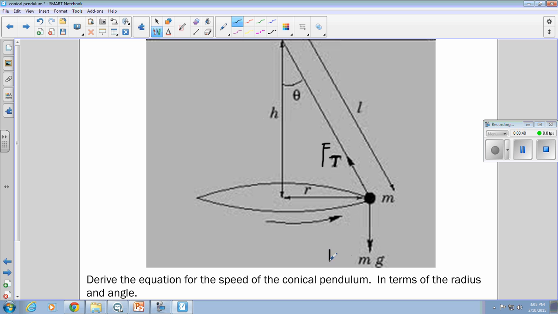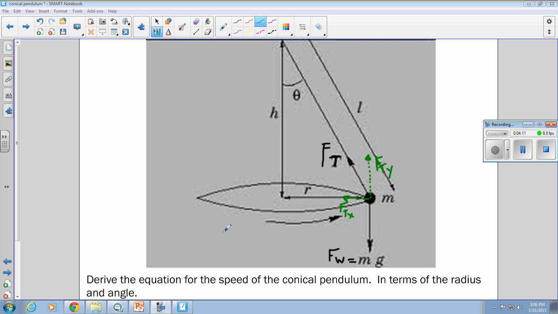This is our force weight, mg. Force weight is equal to mass times gravity. And we have a radius. And again, as shown in the slide before, this tension has x and y components.